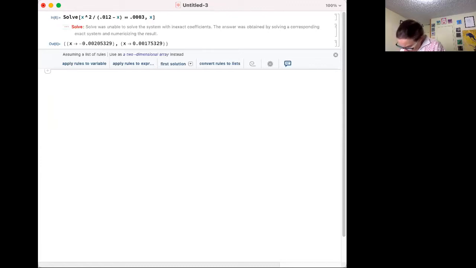Let me do that again, 0.016 log. Yeah, so it's just a little bit different. We haven't changed the order of magnitude with such a small change. So our pH is now 2.80.